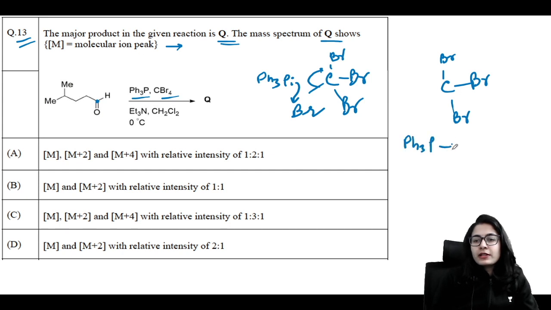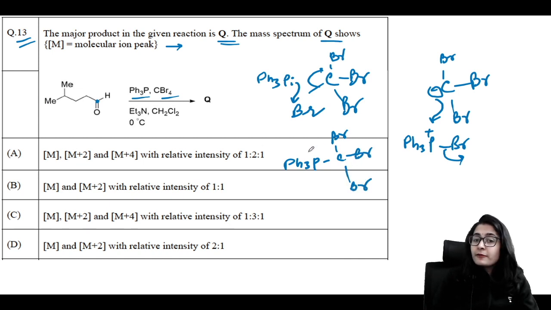Like this, it is going to be. Phosphorus has got a positive charge. The negative charge attacks over phosphorus and Br minus eliminates, which in turn is going to give you CBr3 attached to phosphorus now. But phosphorus is still having a positive charge, right?